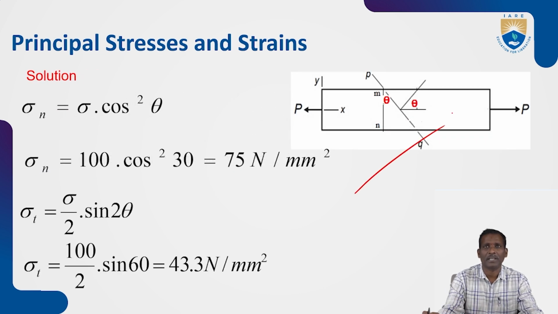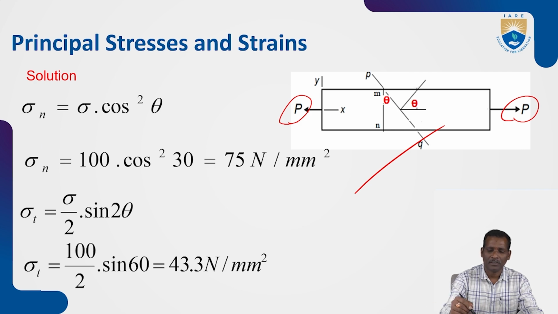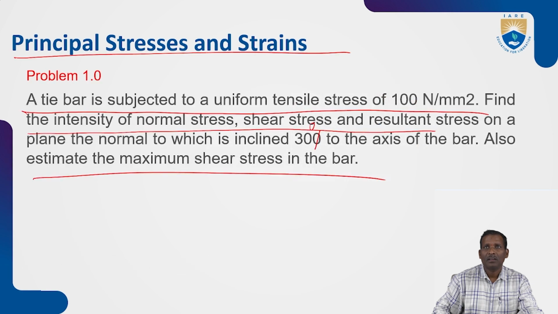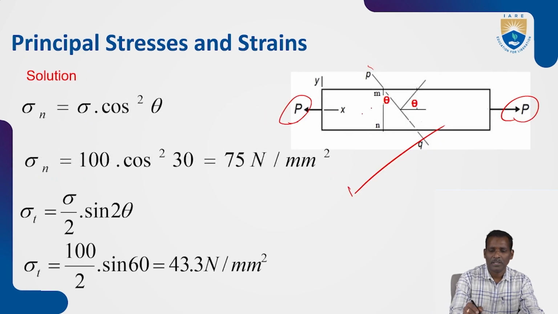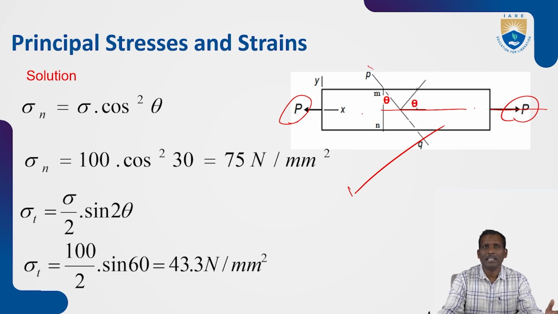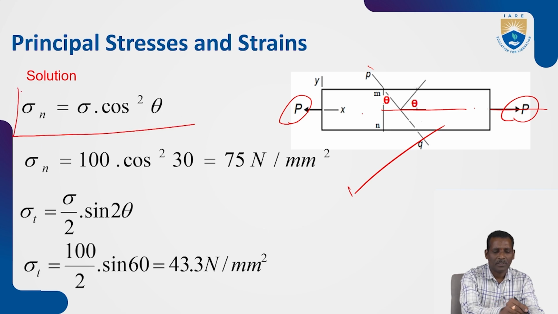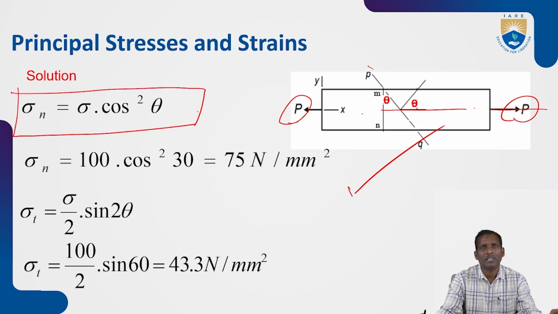As shown in this figure, the given tie bar is subjected to a tensile load, with the given tensile stress, and the inclined plane PQ is at angle theta, which is 30 degrees to the axis of the bar. Now, how do we calculate the normal stress? The normal stress equation we have already seen in the theory session.